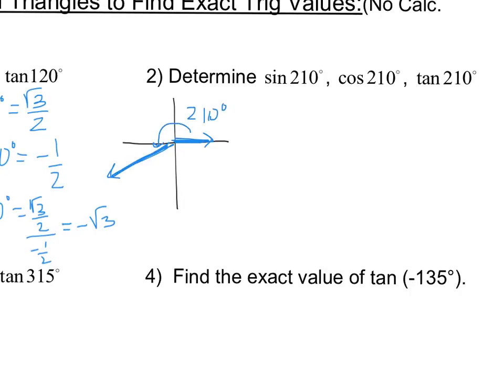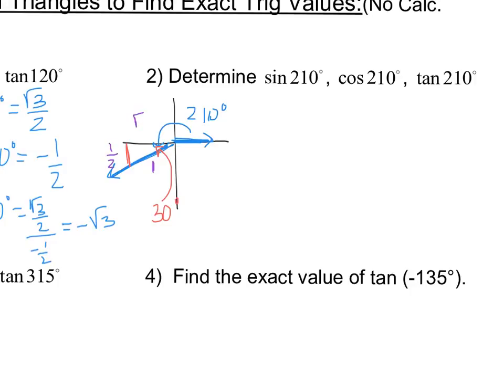Then our reference angle is going to be 210 minus 180, so sorry I didn't leave much room right there, but that's going to be 30 degrees. So R is still 1. And then across from 30 degrees is 1/2.